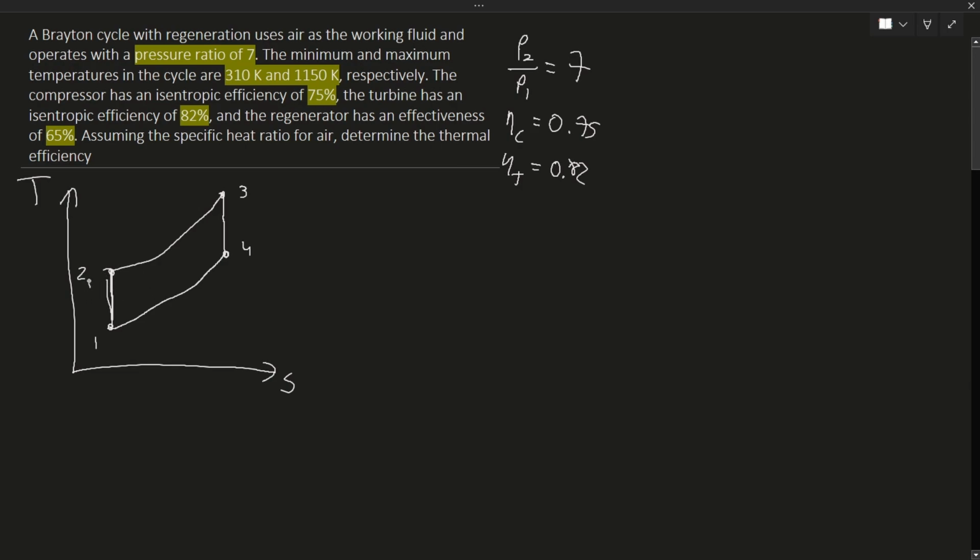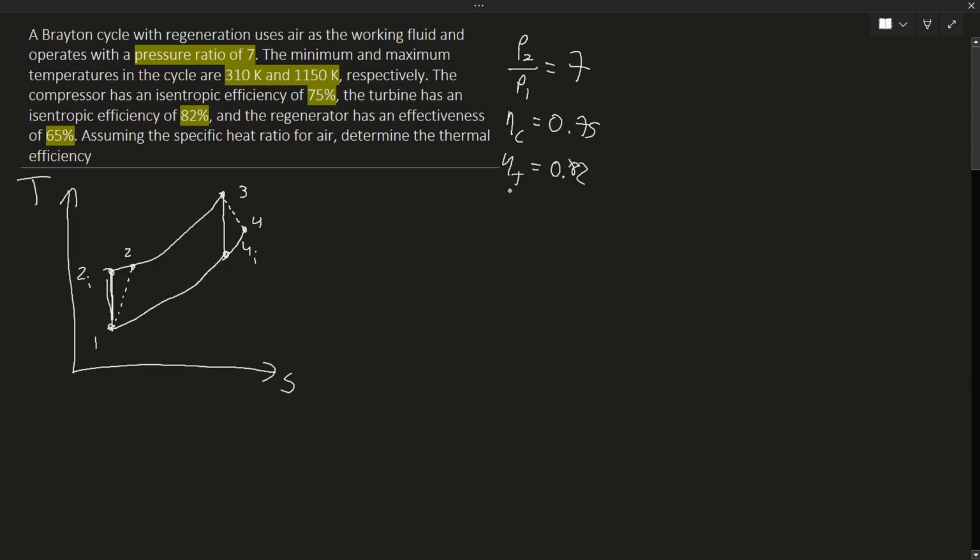This is ideally. If your compressor efficiency isn't 100%, it means you're going to gain some temperature. It's going to go up like this, 2. Same thing with the turbine. It's going to be over here, 4. This point is for ideally, if it was at 100% efficiency.